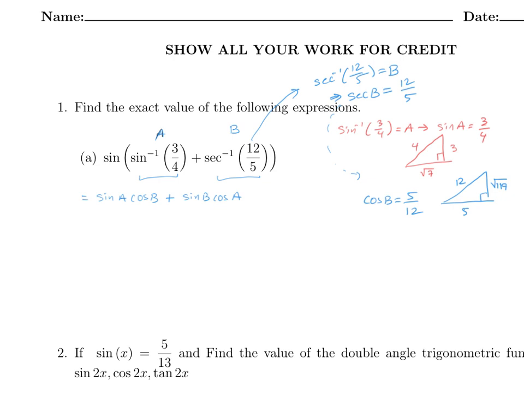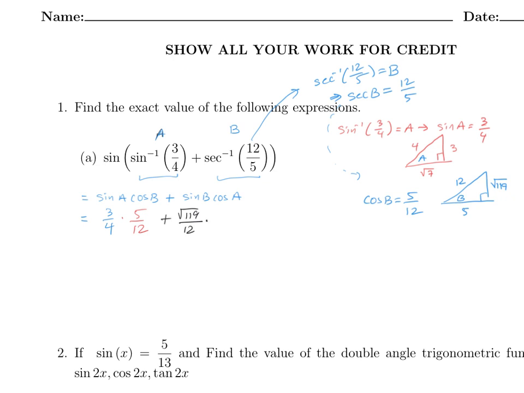So then all you have to do is plug in the values here. We made sure this is A, this is B. So sine of A is 3/4. Then cosine of B is 5/12. Then sine of B, since this is B, sine is this over this, which would be the square root of 119 over 12.